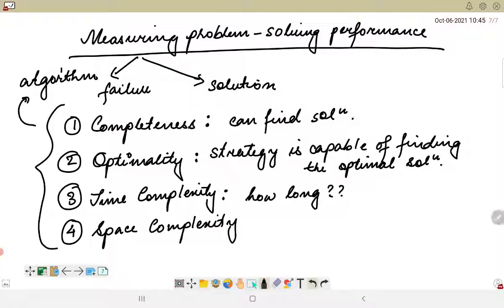And the last part is how much memory, that means how much space the algorithm is occupying and how much space it needs to process the different factors associated with the algorithm, right? So these are the 4 different parameters through which we can judge whether the algorithm is best suited to solve that particular problem or not.